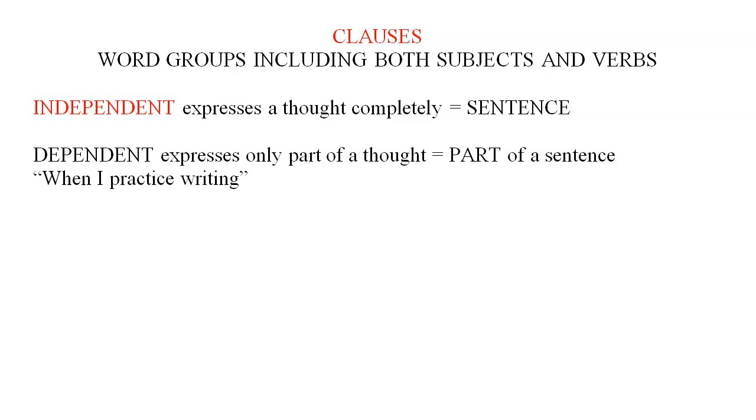Whether I get better at writing when I practice writing, or I go to sleep when I practice writing, or I bite my fingernails when I practice writing, you don't know because I haven't given you a complete thought. We'll see in the next module how you can put these two kinds of clauses together, the independent and the dependent, to make sentences that can express more complex thoughts.